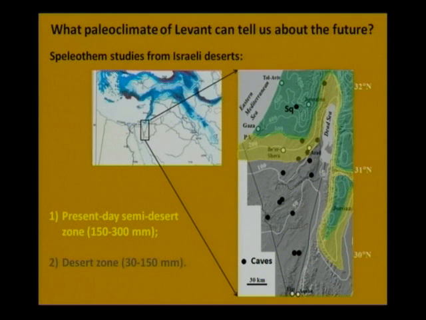This is the Mediterranean climate, the green one, where Sorek Cave is located. This area is a transitional steppe zone or semi-arid zone between, let's say, 300 millimeters of rain and 150 millimeters of rain. And this is the desert area in the south. We will see that periods of formation of speleothems are completely different in the three zones.